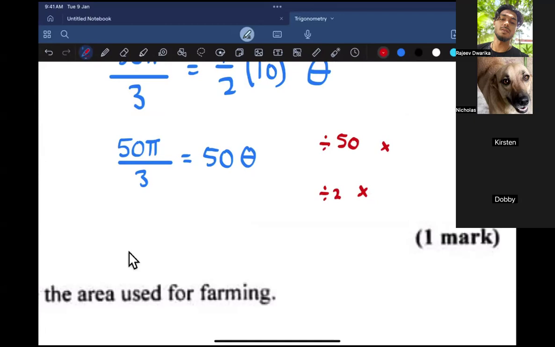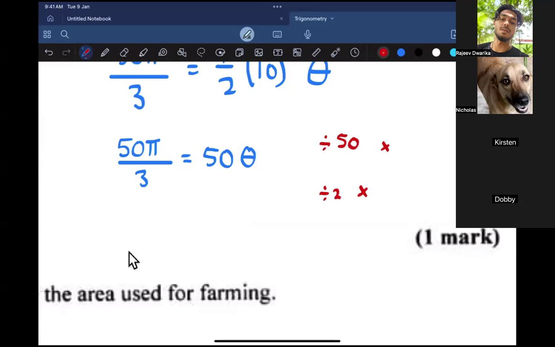Think about it logically: dividing something by 2 is the same thing as multiplying it by what? You divide something by 2, that means you do what to it? Yeah, half it. So you half it.